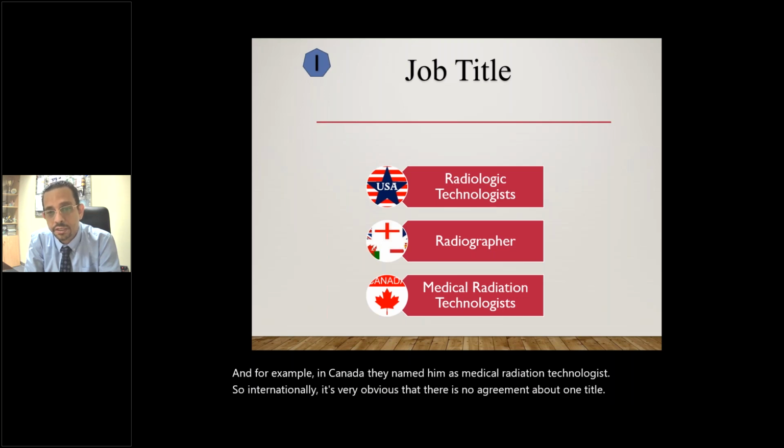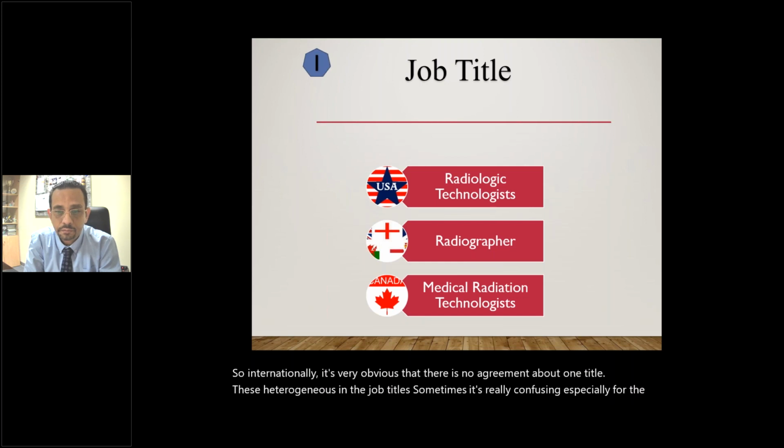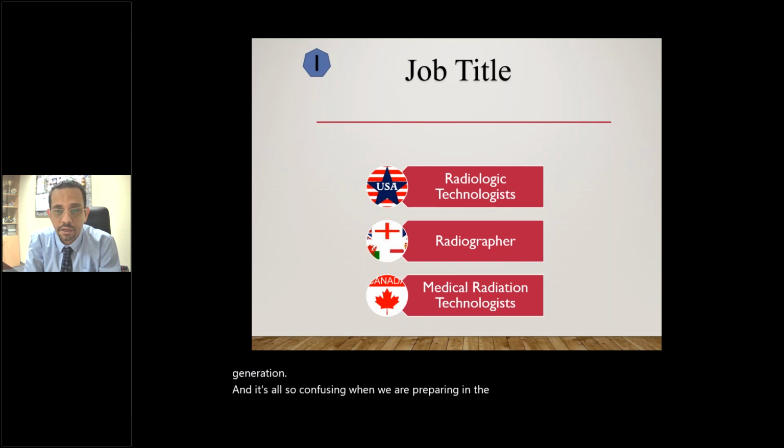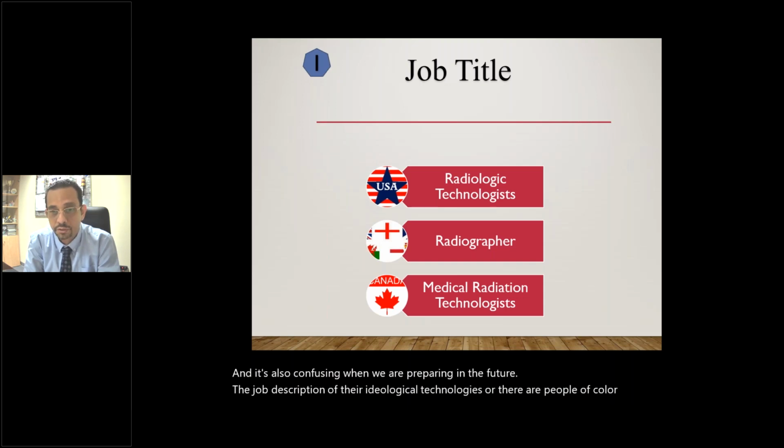These heterogeneous job titles are sometimes really confusing, especially for the new generation, and also confusing when we are preparing the job description of the radiological technologist, radiographer, or medical radiation technologist.